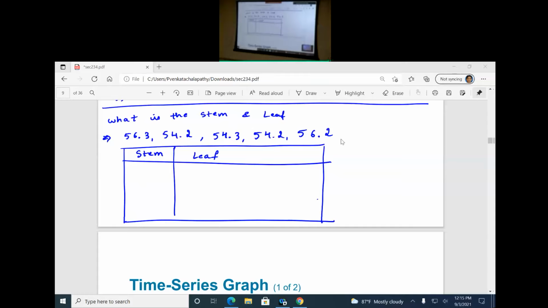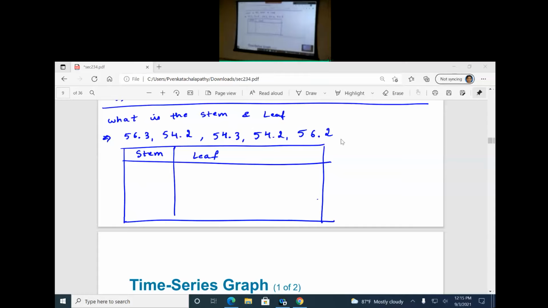Now you can ask me: if I give you a table and ask you whether these values are decimals or not, how do you say? Because this is how we construct it for three digits. Suppose you have three digits, 563, how do you construct this? It will be the same thing, 56 and 3, right?